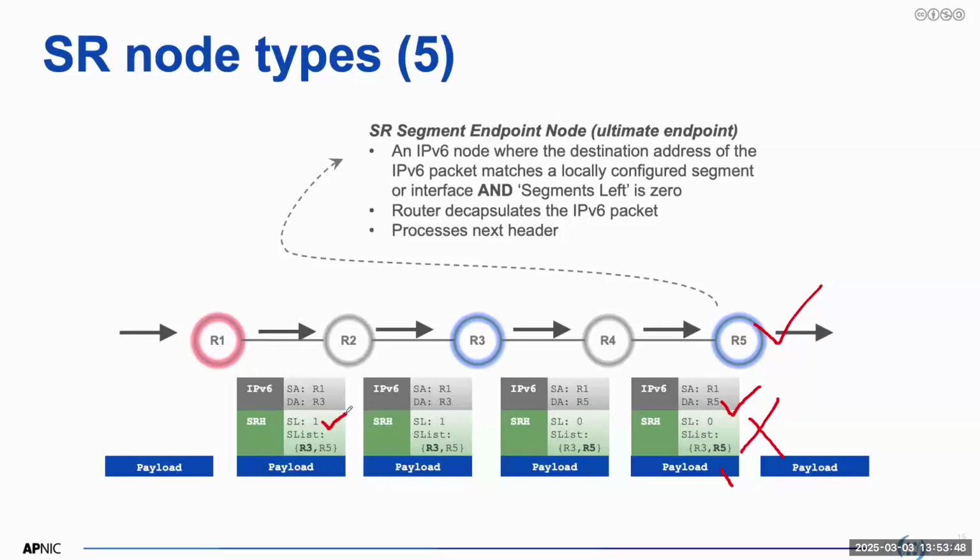So you have n-1, that is your number of segments. The segment list is the actual nodes that need to be traveled, and it will put the first segment in the destination address, and then the other nodes will keep on processing based on the header we have. Any questions?